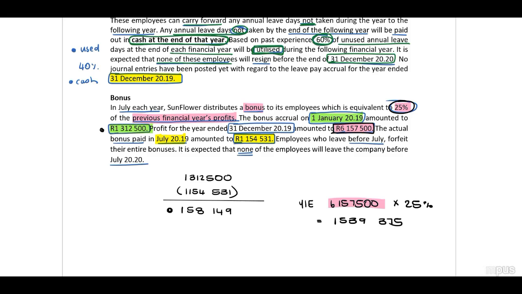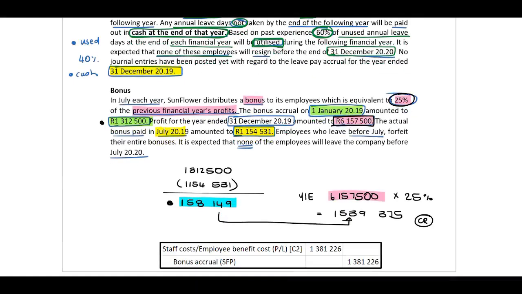Therefore, the balance of 158,149 should increase to 1.5 million. To be able to increase this, we will have to credit our accrual and debit our expense account. Therefore, we will have to debit our employee benefits expense, profit or loss, credit the accrual with an amount of 1381226.